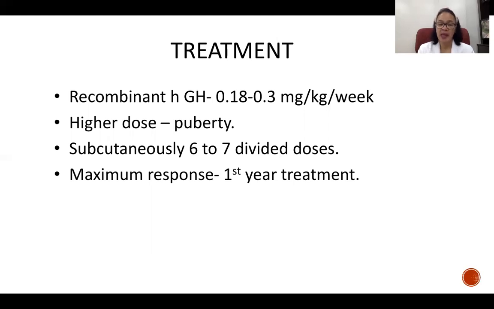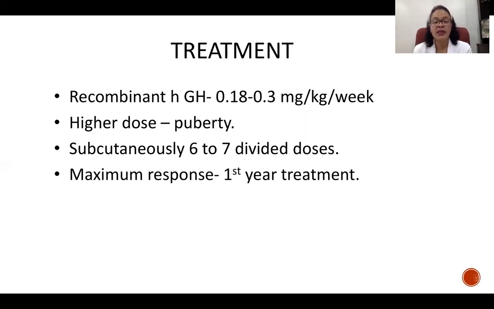So the treatment should be started as soon as possible to narrow the gap in height, no, between patients and their classmates during childhood to have the greatest effect on mature height.